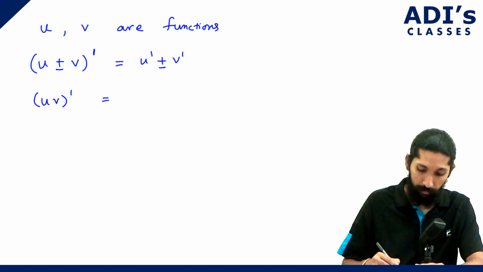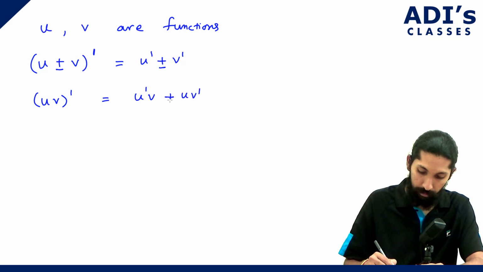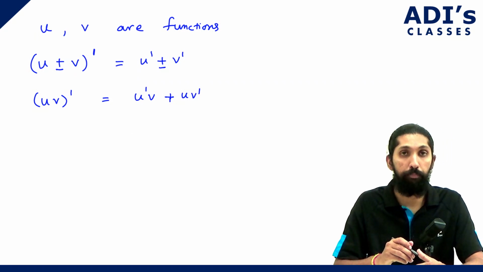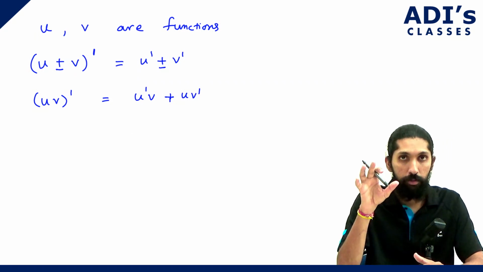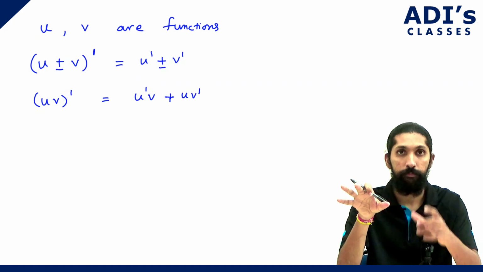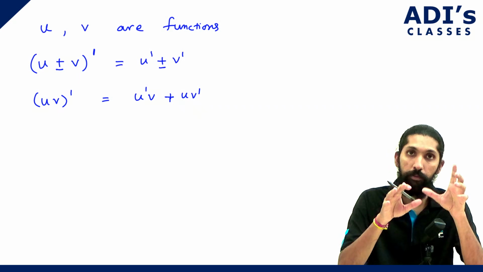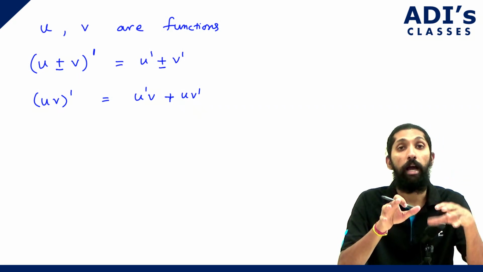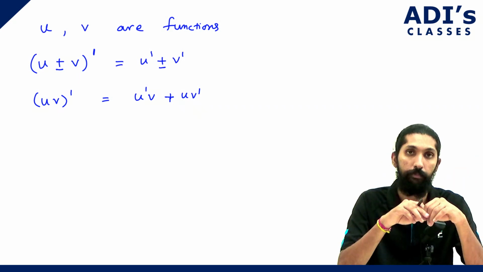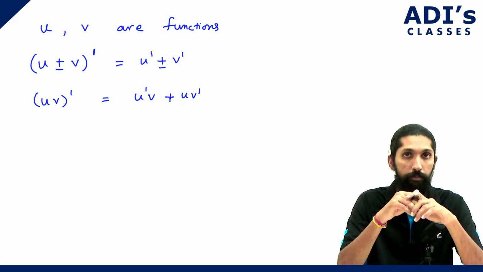Here we have u dash v plus u v dash. This is basically the product rule, where first you differentiate one function, keep the other one constant, plus keep the first function constant and differentiate the other one. This is the product rule.